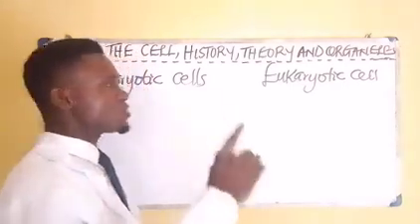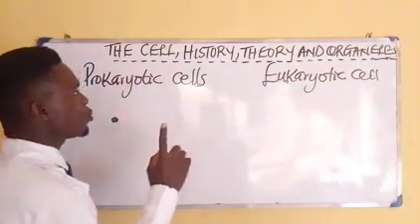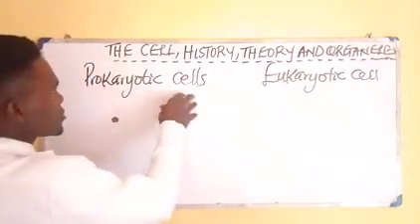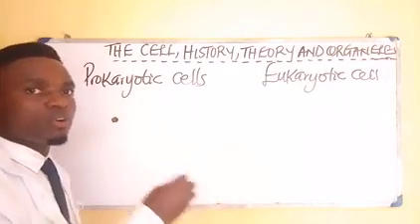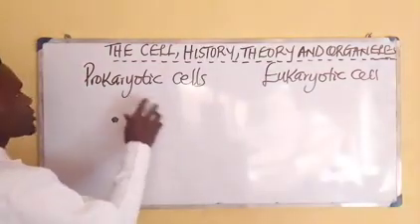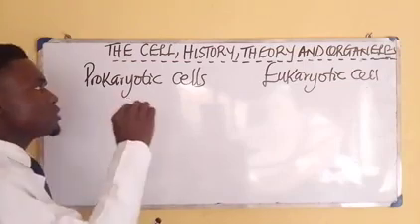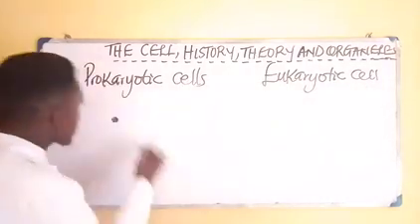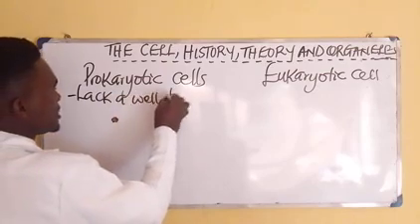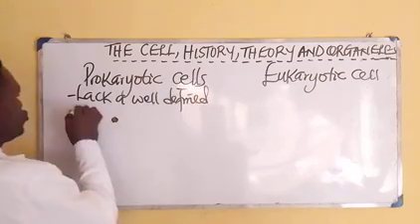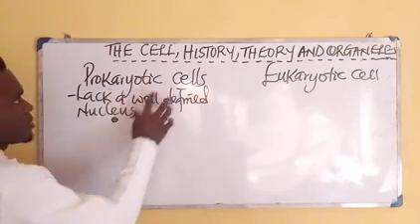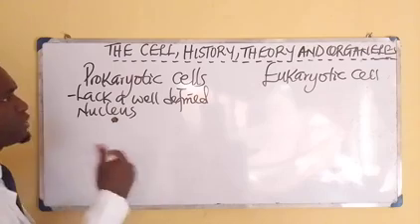Now, what is the most important feature of a prokaryotic cell or prokaryote? Prokaryotic cells are the cells, while prokaryotes are the organisms, so I can use the two terms interchangeably. Prokaryotic cells are called prokaryotic because they lack a well-defined nucleus.